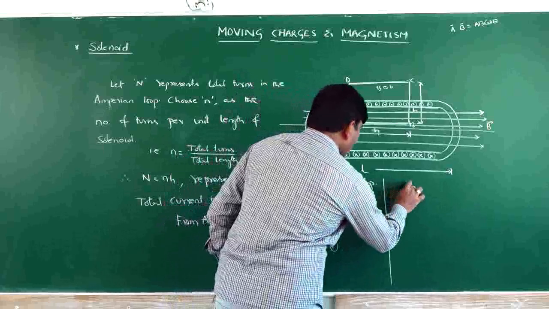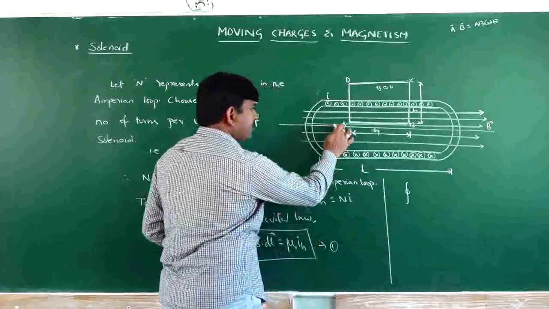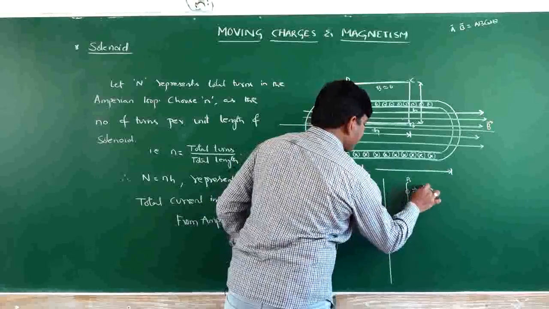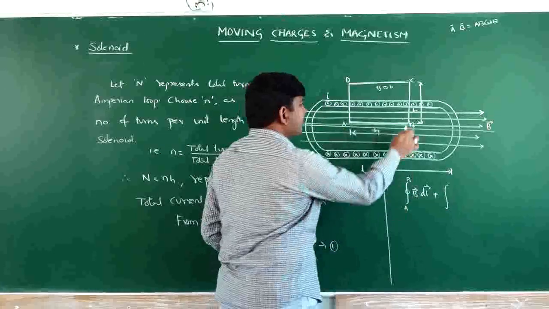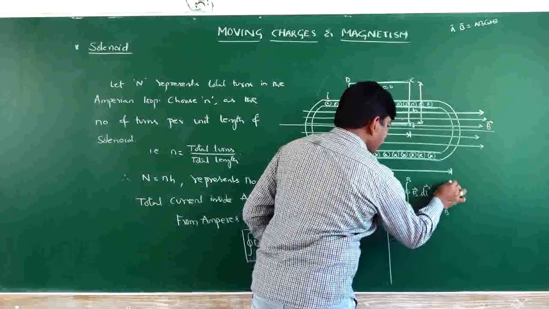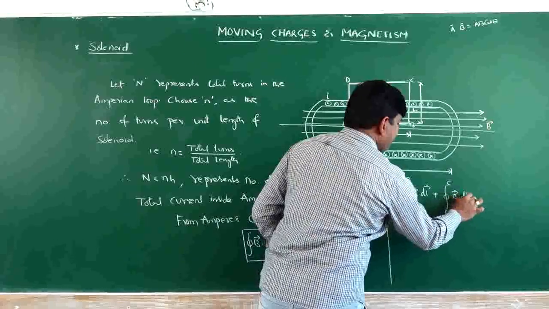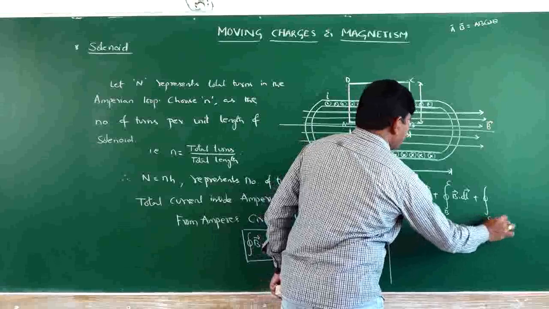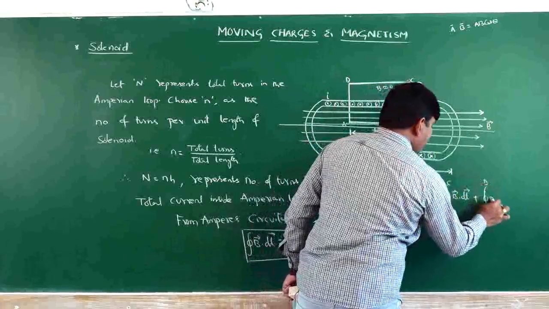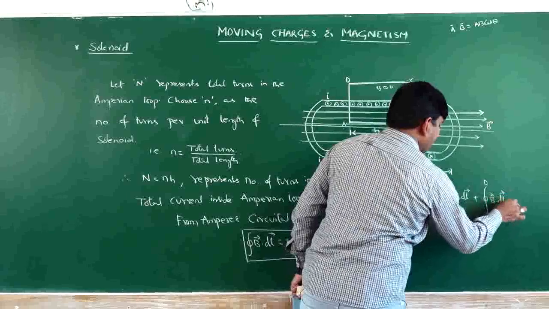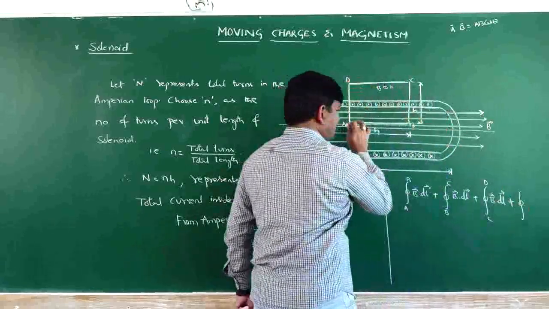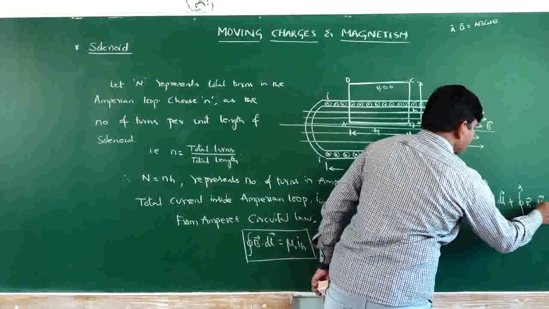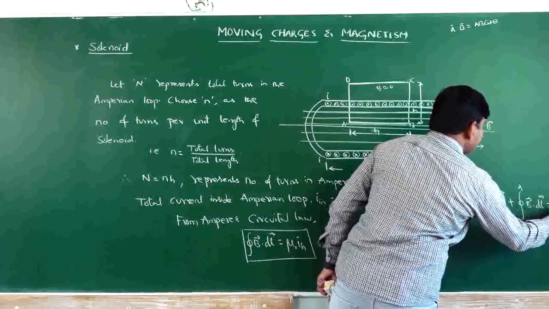The closed line integral extended from A to B of B bar dot dL bar, plus the closed line integral from B to C, the Amperian loop I am choosing, of B bar dot dL bar, plus the closed line integral from C to D of B bar dot dL bar, plus the closed line integral from D to A of B bar dot dL bar, is equal to mu naught into I inside.